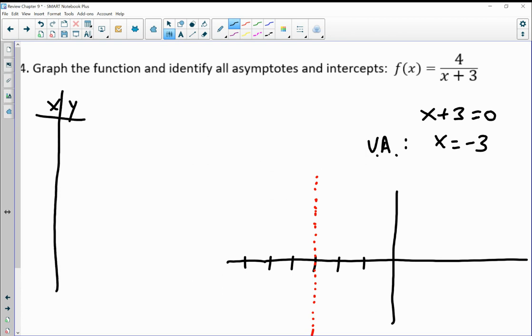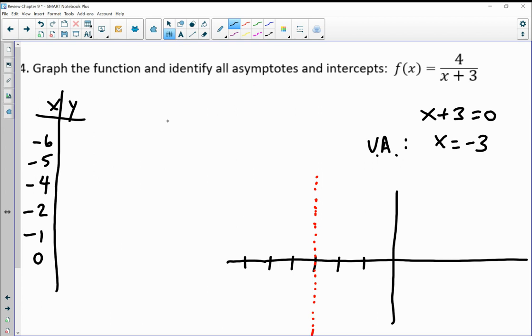Let's do negative 6, negative 5, negative 4. Negative 3 we're skipping over because that's our vertical asymptote. Then negative 2, negative 1, and 0.